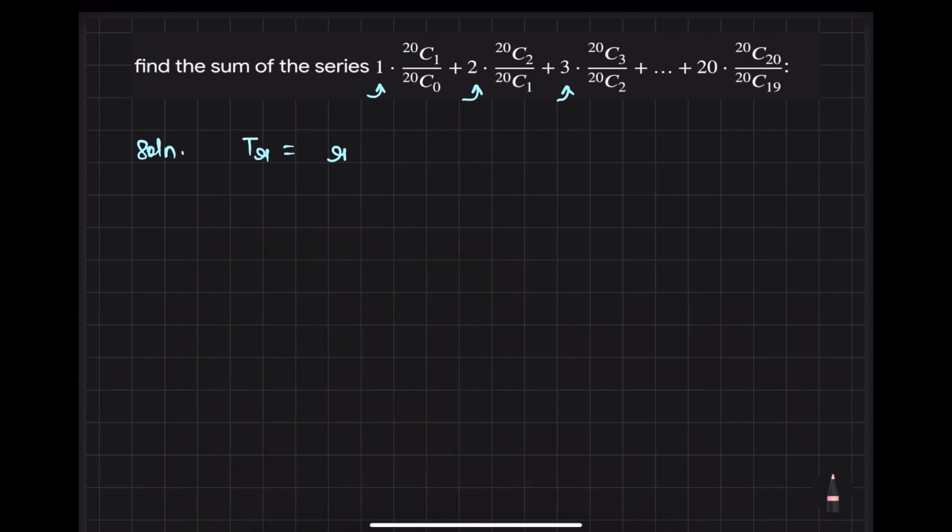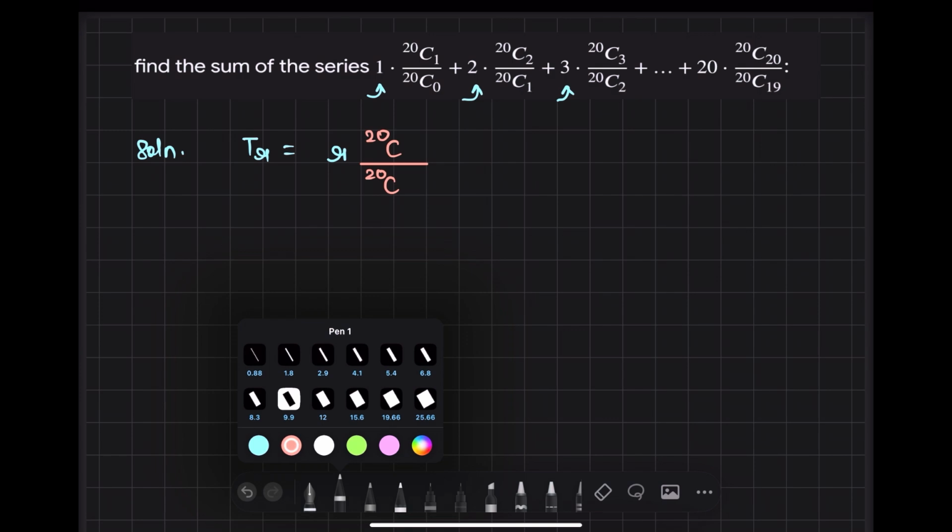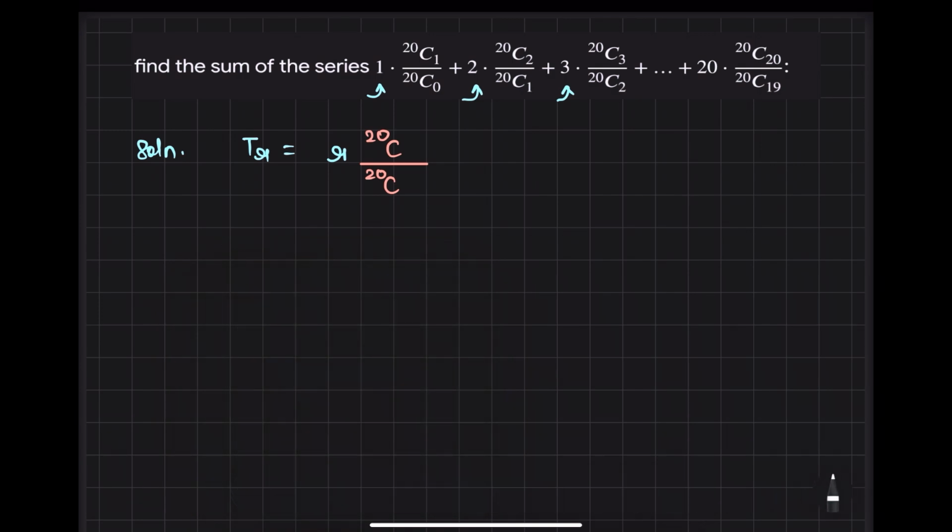Now if you observe, the numerator is 20C something, and the denominator is also 20C something everywhere. This means we don't have a problem with 20C. Now we have a problem with the lower subscript. In the first term the lower subscript is 1, second term 2, third term 3. So the rth term lower subscript will be r.